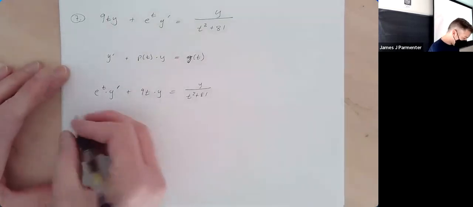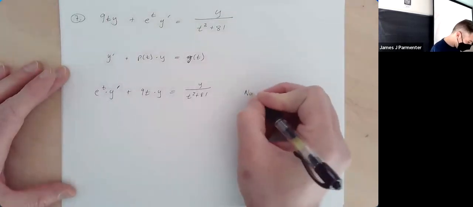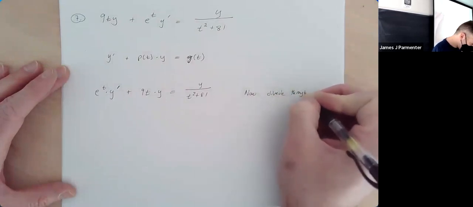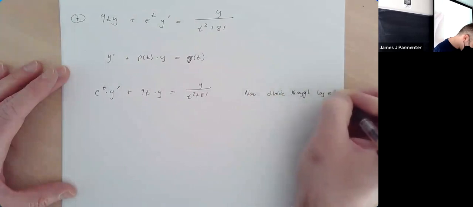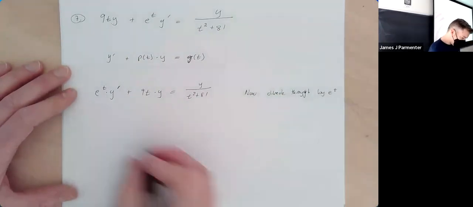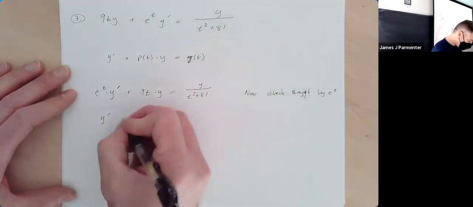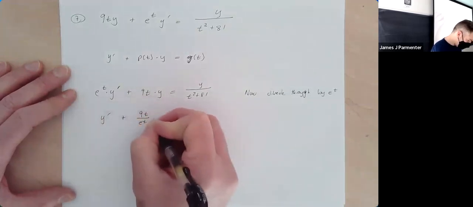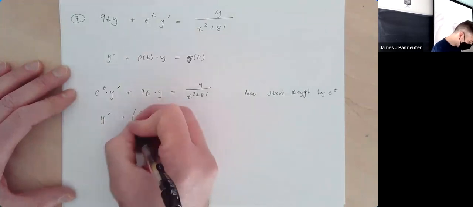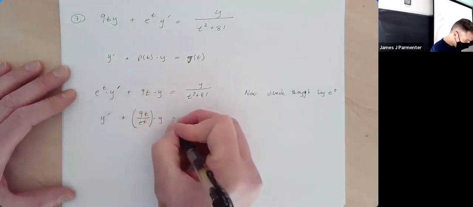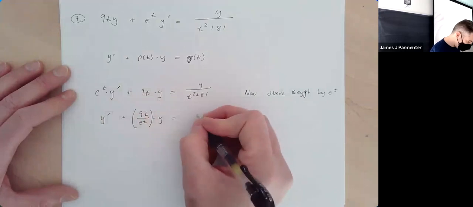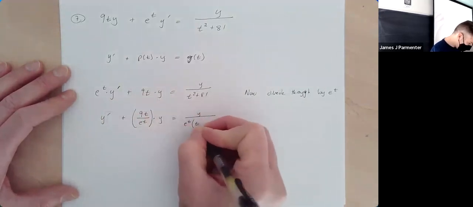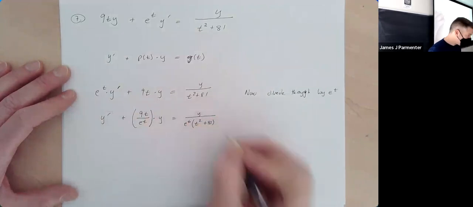So if I divide by e to the t, it's not going to be pretty, but we're going to get y prime plus 9t over e to the t times y, and I might put that in parentheses, although you don't really need to, equal to y divided by e to the t times t squared plus 81.